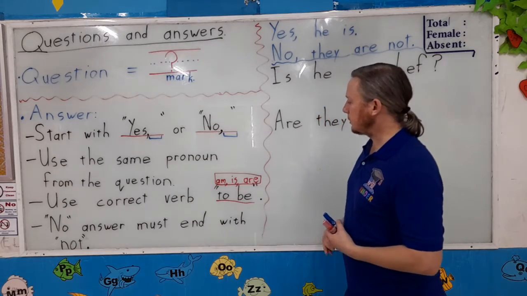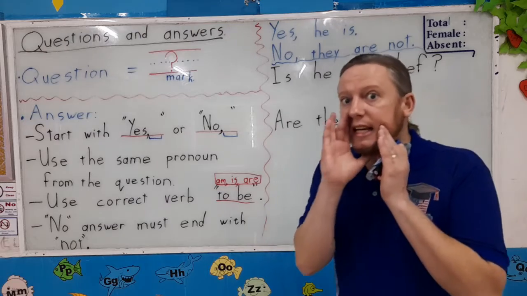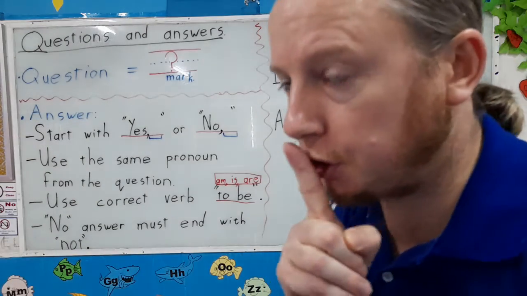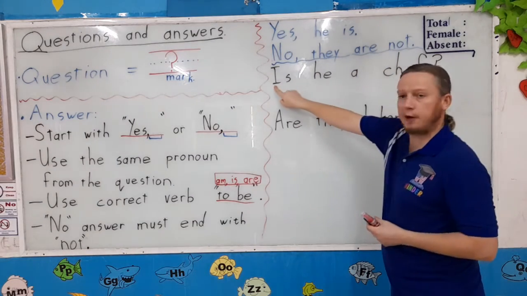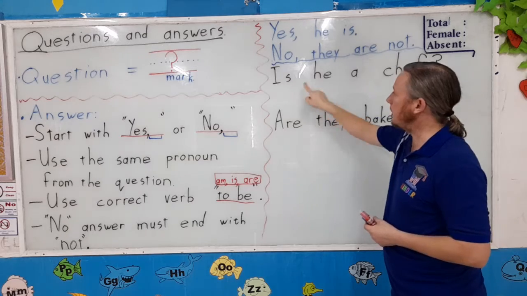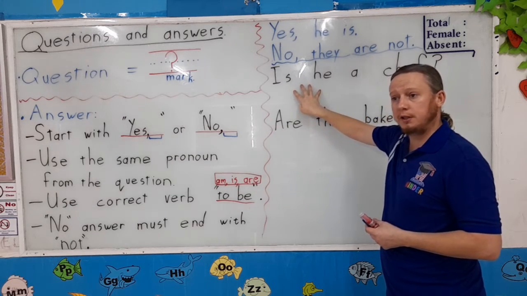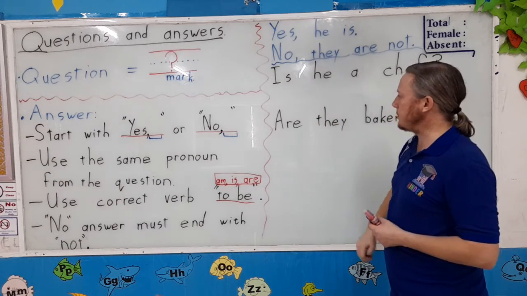Okay. So again, when we're looking at the correct verb to be, we can find the answer in the question. So, is he? Correct verb to be is here. He is. If you look at your questions carefully, boys and girls, you can answer your questions very nicely. Let's look at question number 2.